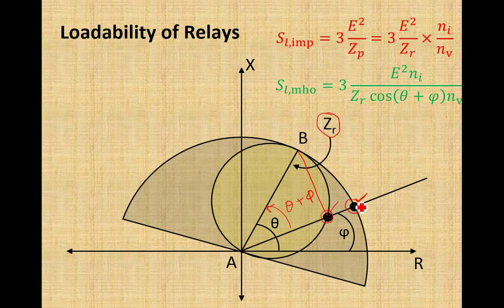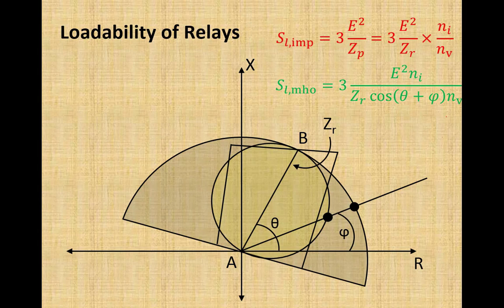Further higher load handling capability can be achieved if we use quadrilateral relay characteristics. Again we can see the upper line is passing through the same reach of the relay.